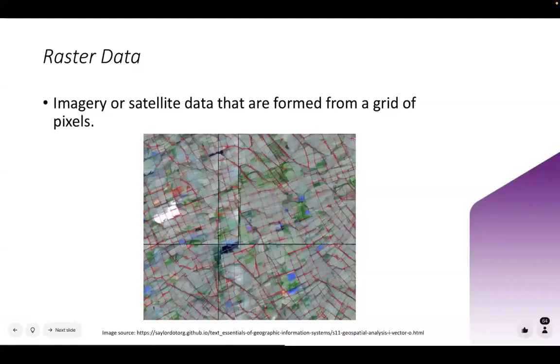So they provide an effective method for storing the continuity of surfaces. They basically provide a regular spaced representation of surfaces, and these are things like temperature or elevation, where each pixel represents a different value or attribute within the overall range of values for that data.